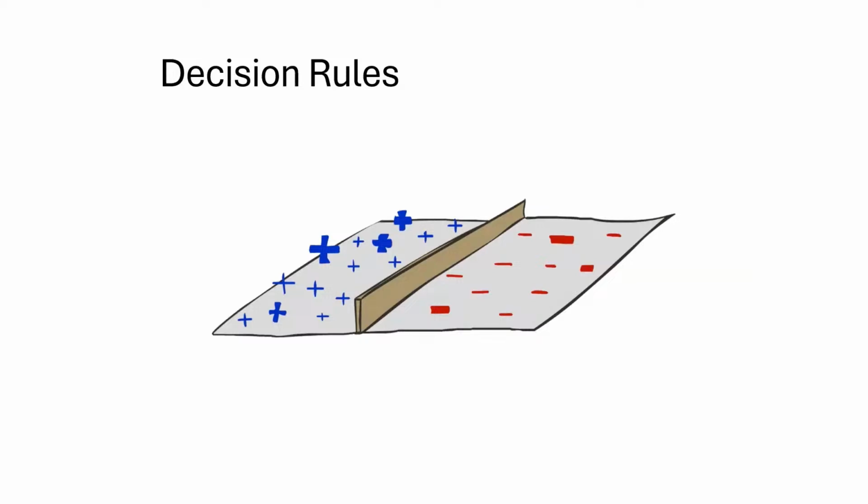So right here is our linear function that we have to adjust. This is the linear function. Here are points that belong to the negative class, and here are points that belong to the positive class. It's like ECG, healthy, ill. So let's say ill are here, healthy are here.